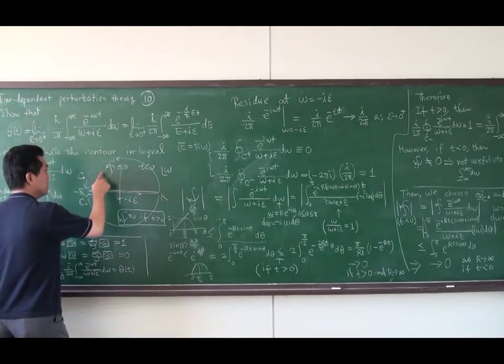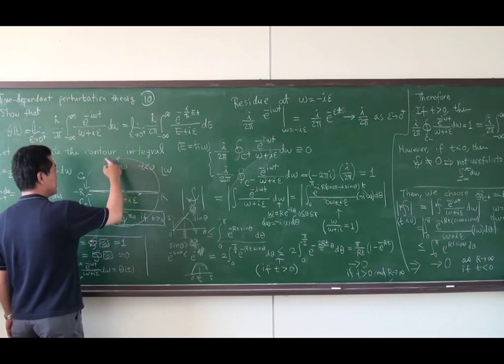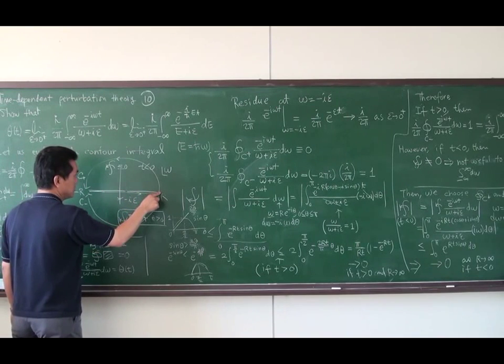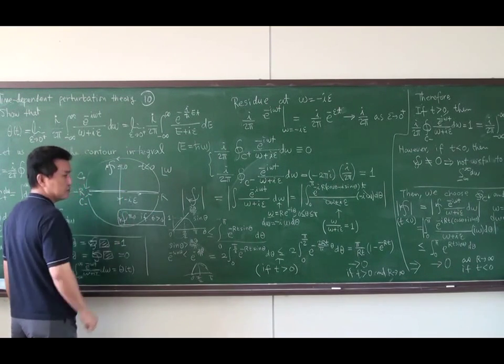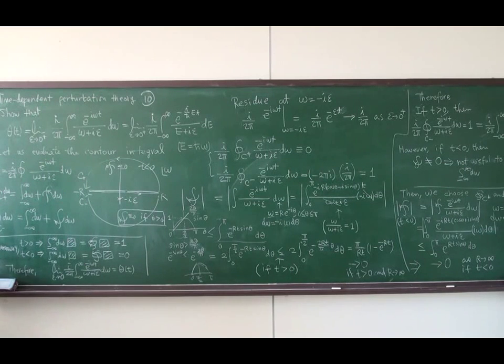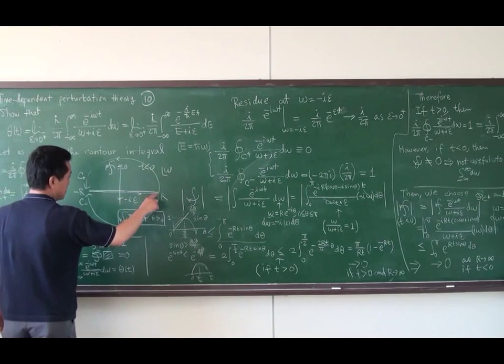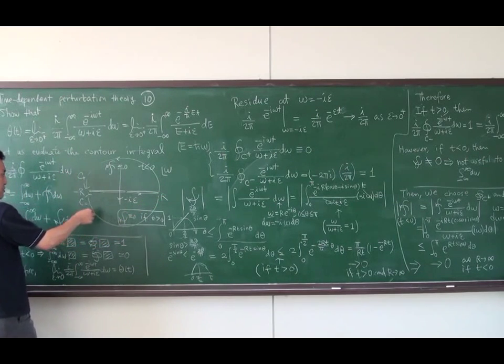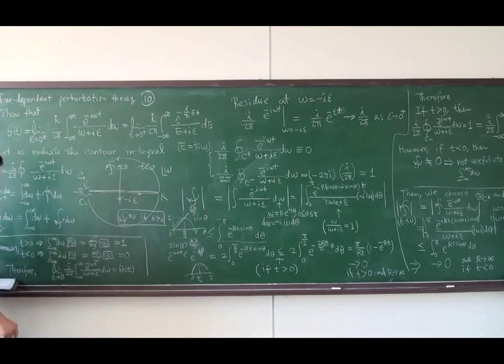So we have shown that the integral along the upper semicircle vanishes, and finally the integral from minus infinity to plus infinity is 0 if t is negative. In summary, the integral from minus infinity to infinity is exactly the same as the contour integral on the lower half plane, because the integral along this lower semicircle vanishes, and that is 1 if t is positive.